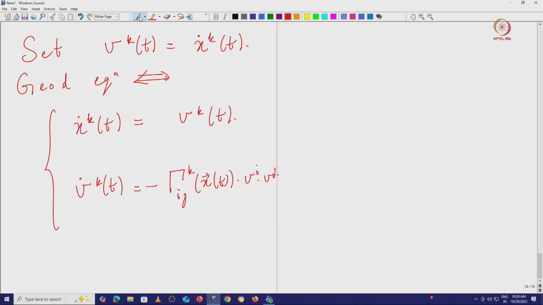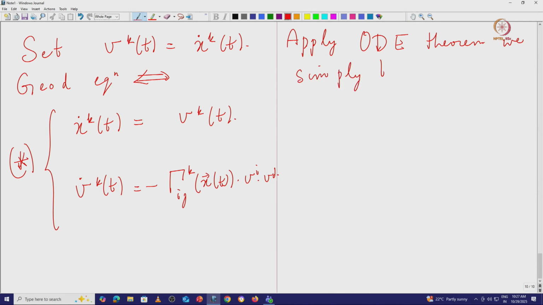Okay, so in other words, in order to cast it in the form of my ODE theorem, we simply take these functions f to have the following components.